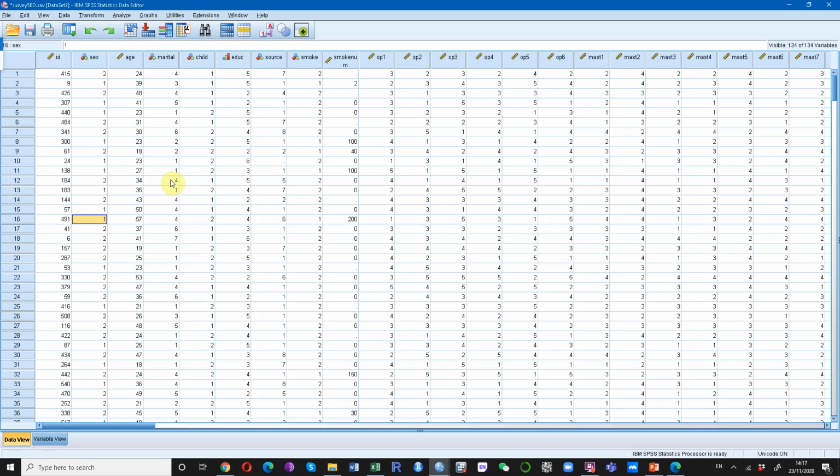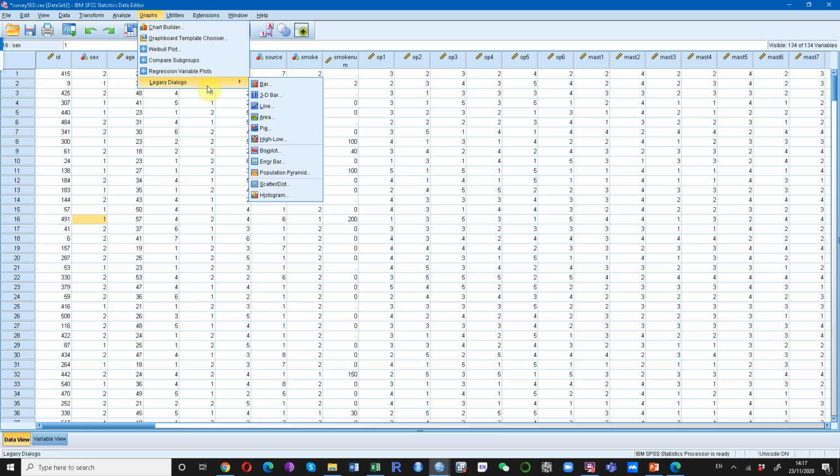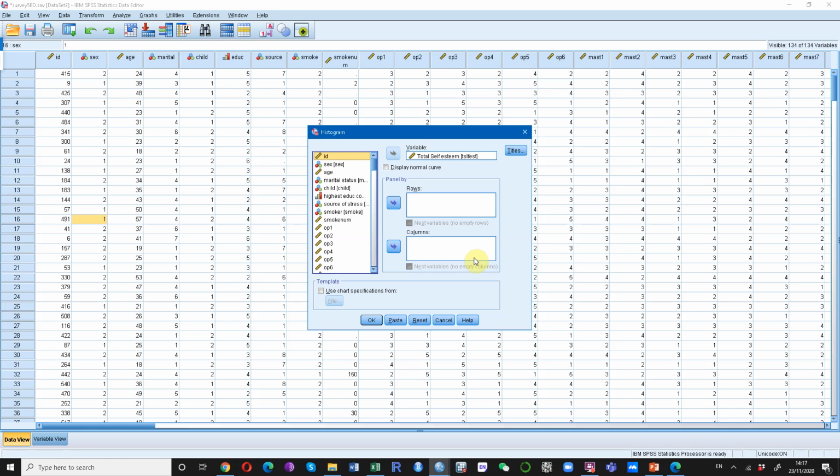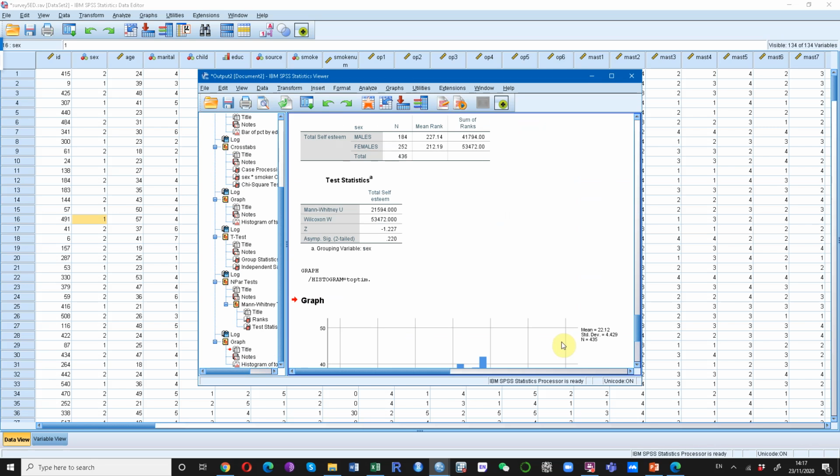So let's examine the optimism scores distribution first. We go to Graphs, Legacy Dialogs, and what we're examining is the optimism score, so total optimism. Move it to the variable box.